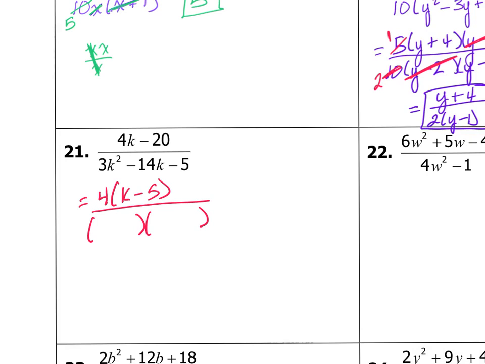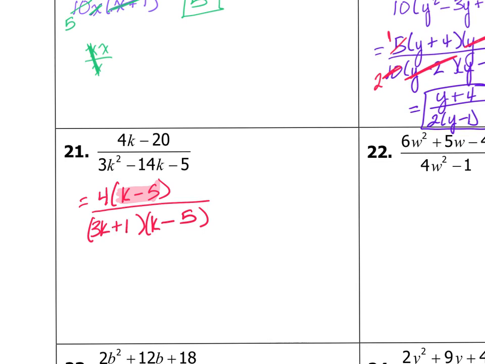So I know one of these has to be 3k, and this one has to be k. I hope you're okay with that. And then the only thing that multiplies to be 5 is 5 and 1. So remember when I said that sometimes when I need help factoring, I can look at this. Well, I'm pretty sure that one of my factors is going to be k minus 5. Okay, so I'm going to say this is k minus 5, and this is going to be k plus 1.